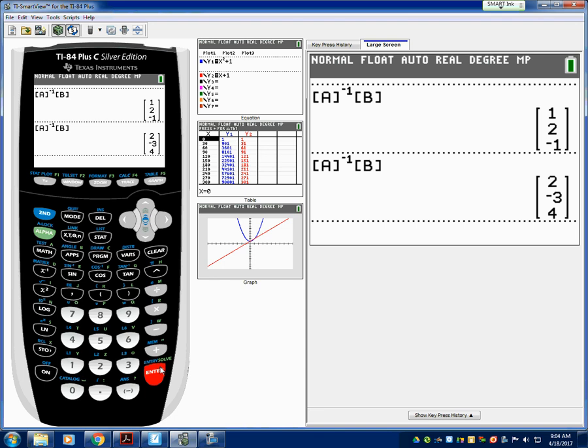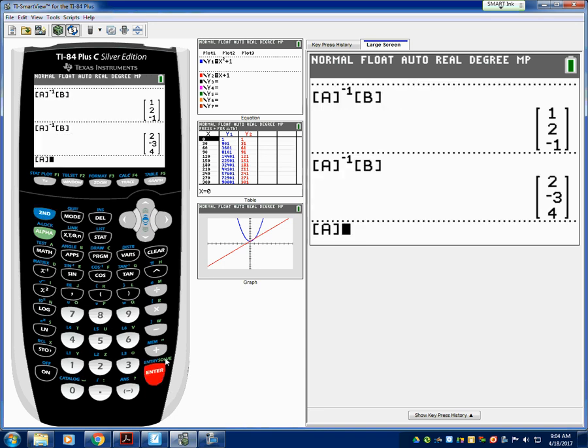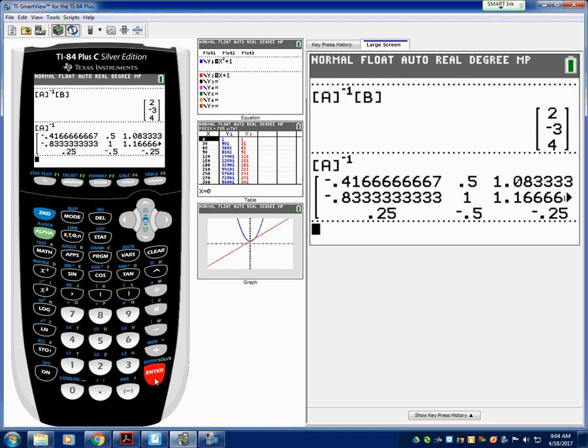I have to show you this. If I were to calculate A inverse by hand, here's what A inverse looks like. There's A inverse. Those are rational numbers. Did you know that? Can you tell, like 0.4166, you see that right there?